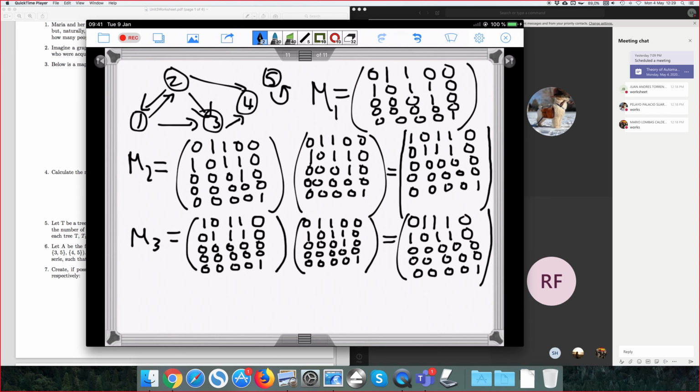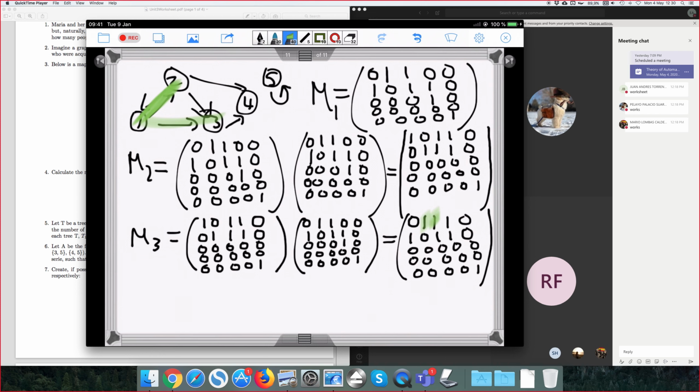Okay, so let's check that this is correct. For instance, let's see what are the paths of length 3 from 1. So I can go to 2, to 1 and back. So that's why I have these two here. I can go from 1 to 2 and to 3.